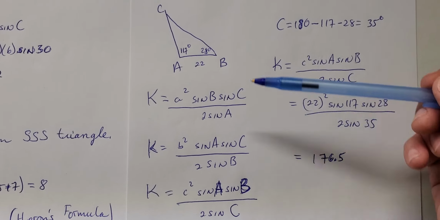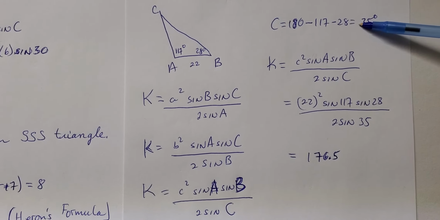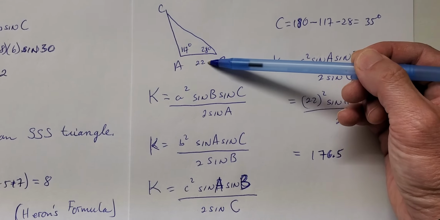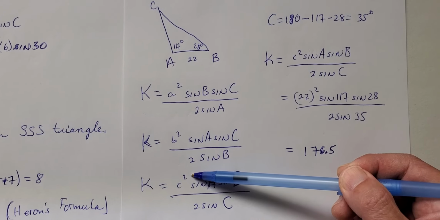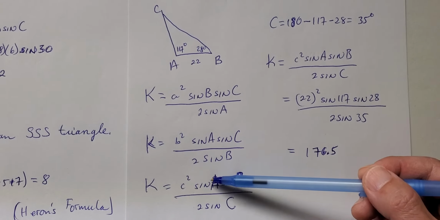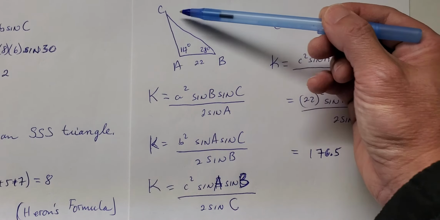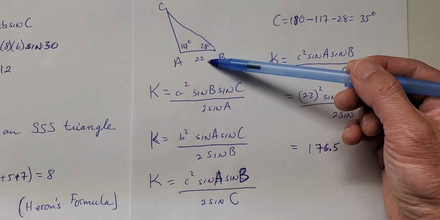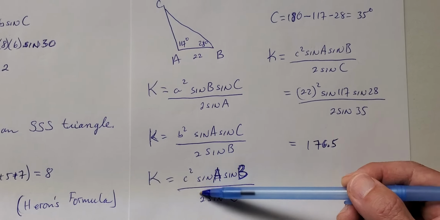Okay, so we know angle A, we know angle B, we just found out angle C. Okay, but we're only given little c, so therefore we have to use the third equation. Okay, again, why am I using the third equation? Because I know big A, big B, big C, and the only side that is given to me is little c, so I am using the third equation.